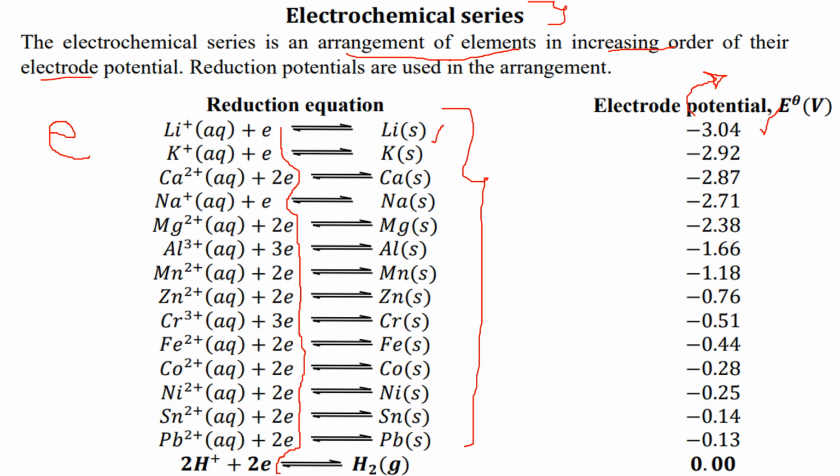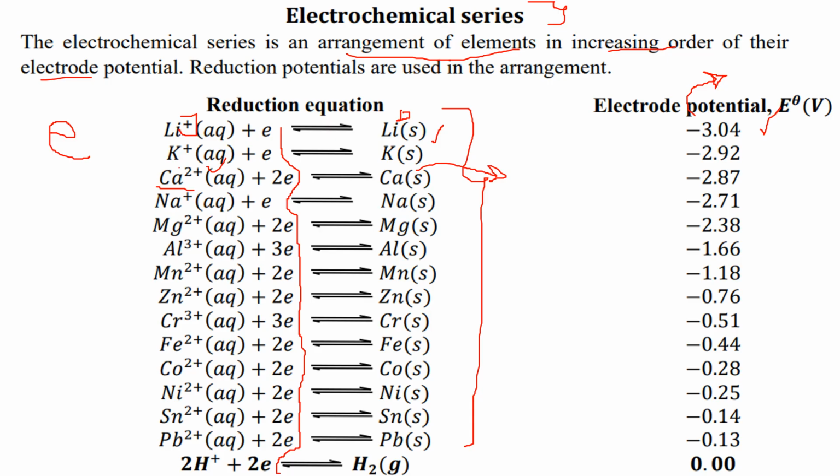The other way is looking at the oxidation state of the ion. For example, in the first equation, lithium has an oxidation state of +1, but on the right-hand side, after forming the product, it has an oxidation state of 0. Similar applies to calcium. Calcium has an oxidation state of +2. After reacting with electrons, we get an oxidation state of 0, since all the elements in atom form have no charge.